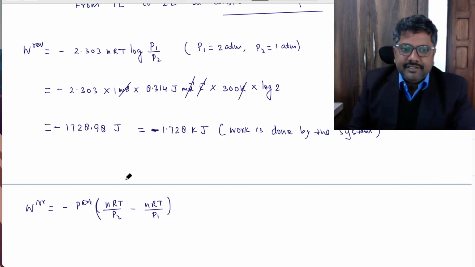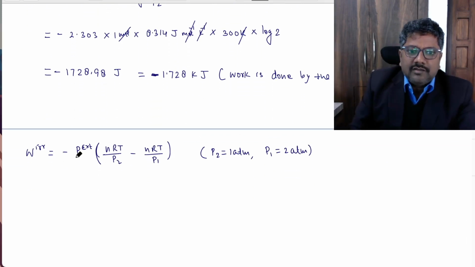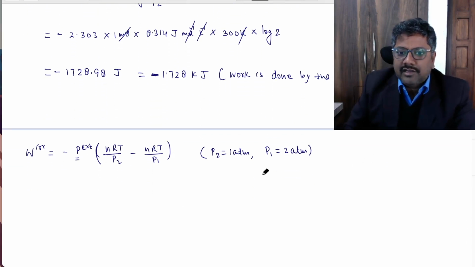So see, P2 is equal to 1 atm, and P1 is equal to 2 atm, it is given. And R and T are constant. And P external is given as 1 atm.